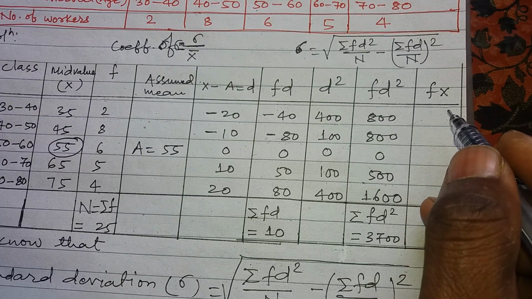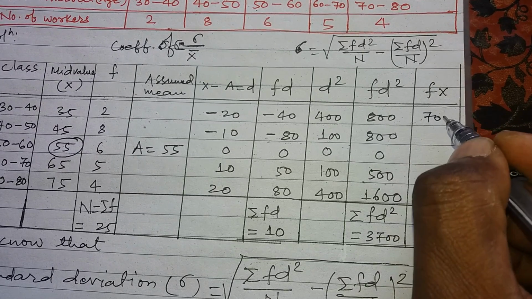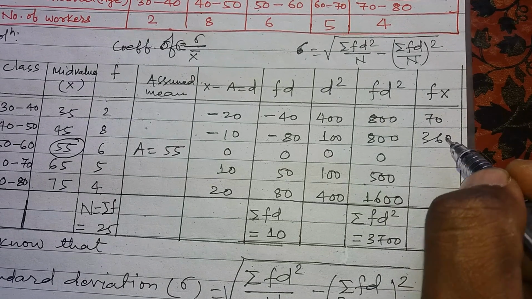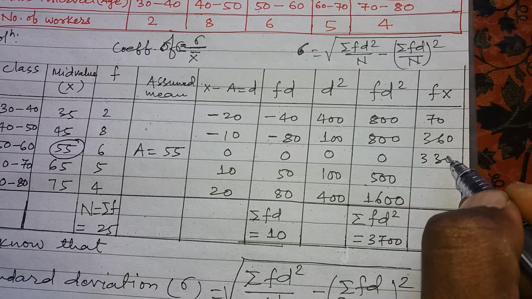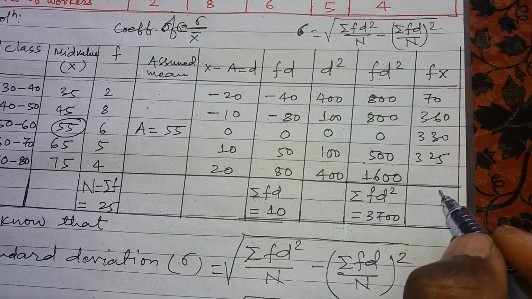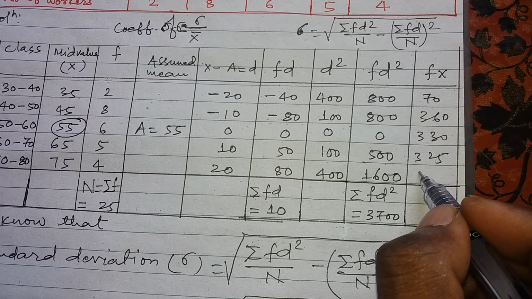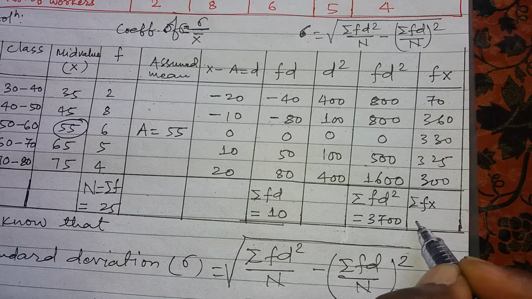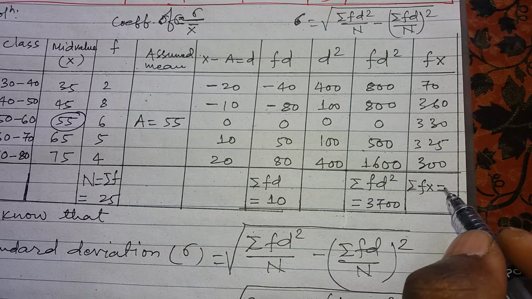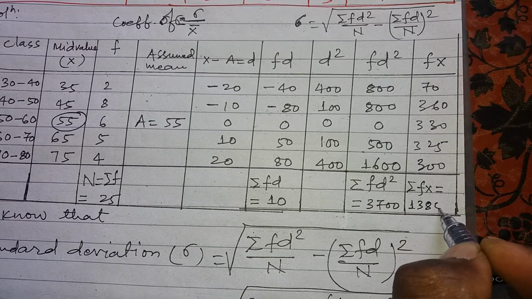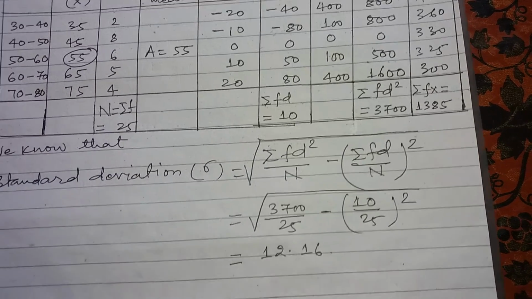This is 70, 360, 330, 325, 300, and altogether summation fx is equal to 1385. This is the summation fx.